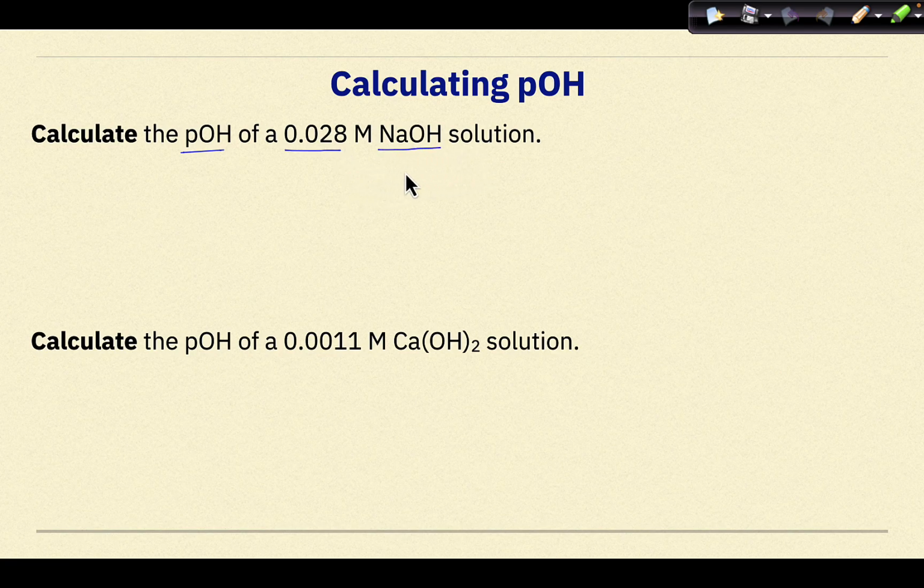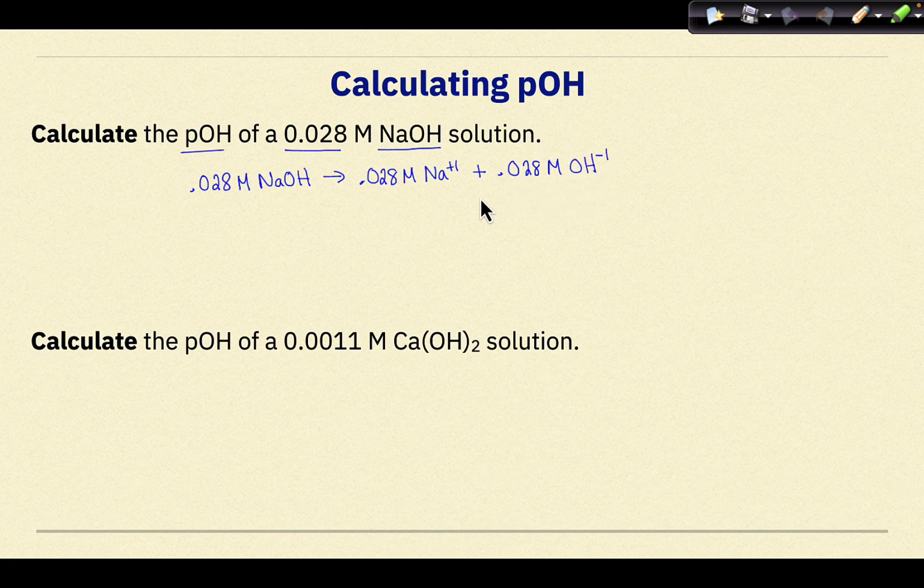So in this particular situation, we have to remind ourselves that a 0.028 molar solution of NaOH will dissociate into 0.028 molar sodium ions and 0.028 molar hydroxide ions in a 1-to-1 ratio.